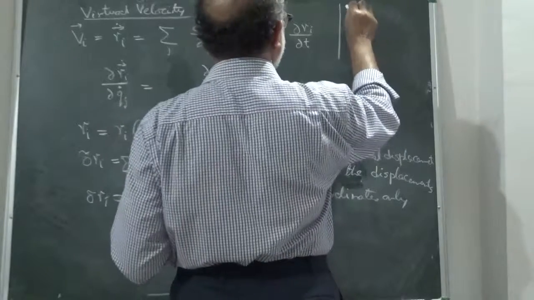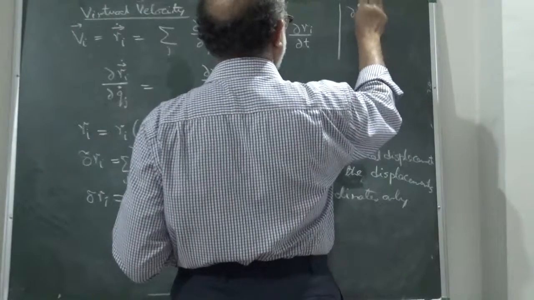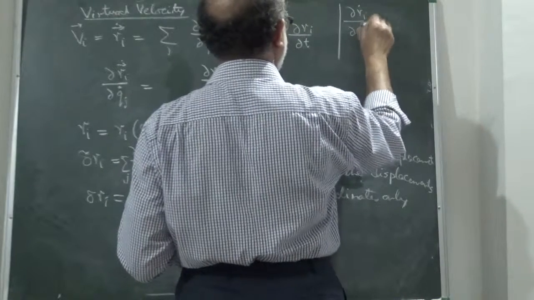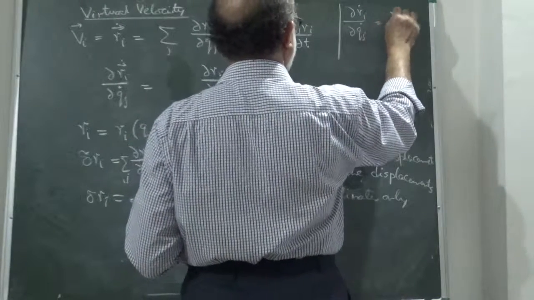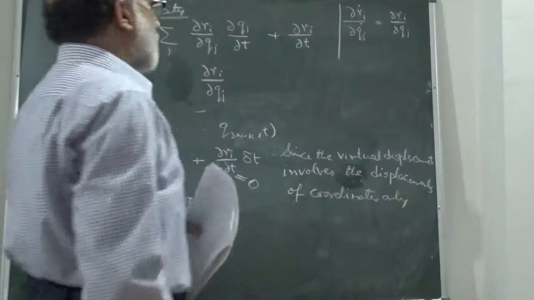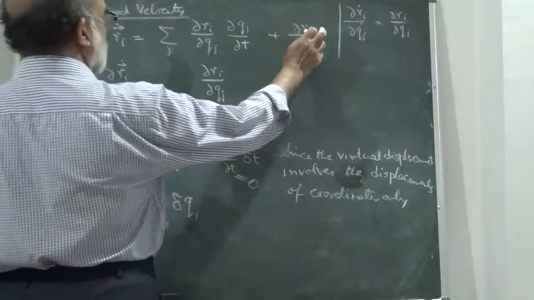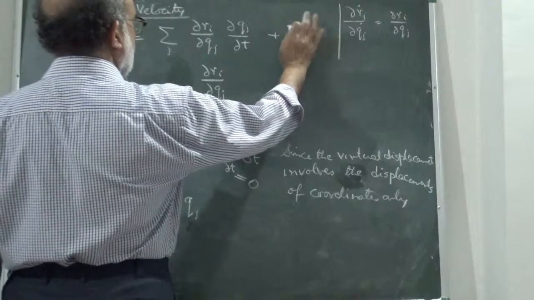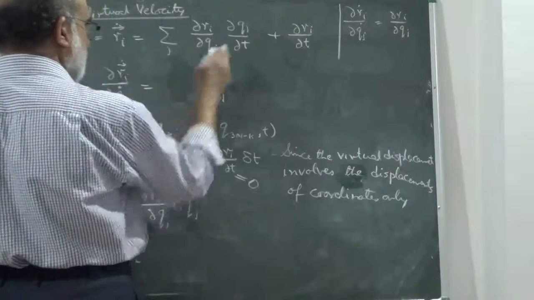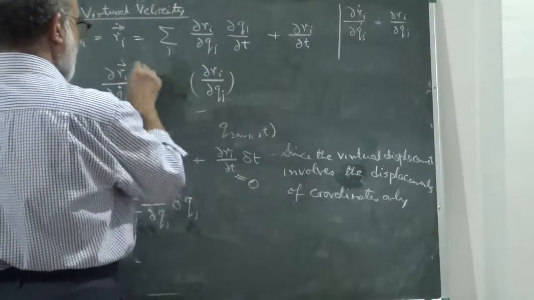We will use the relation delta Ri dot by delta Qj dot equals delta Ri by delta Qj, because there is no Qj dot term in the other part, so its derivative will be 0.